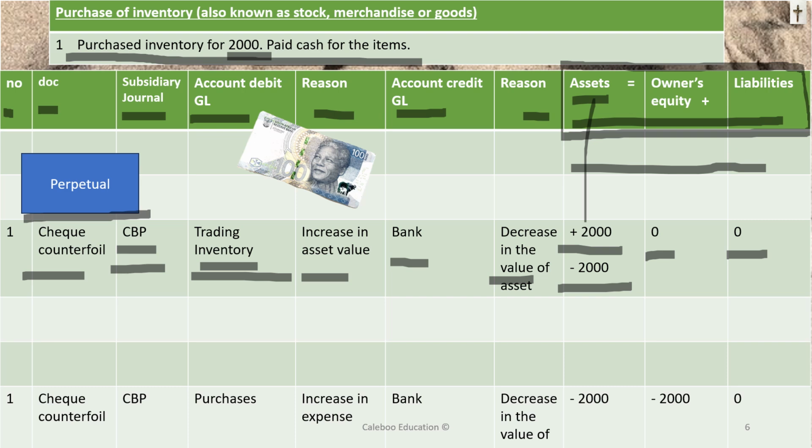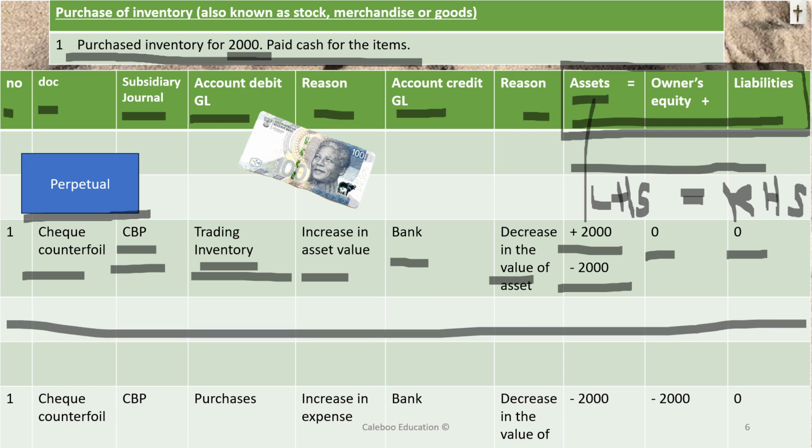And if you've seen my previous videos, the left-hand side of the equation will still equal the right-hand side. You can go check out my video on transactions and how they affect the accounting equation, and you'll get a better understanding of this table. But I just thought I'd put these transactions in the table in case you get asked like this in a test or exam. So that is the perpetual inventory system, the purchase of stock.